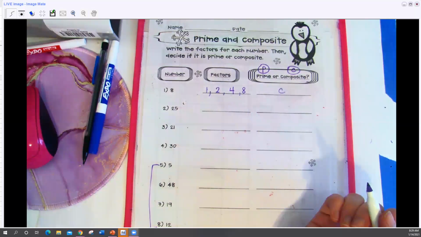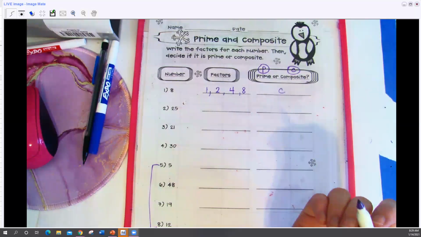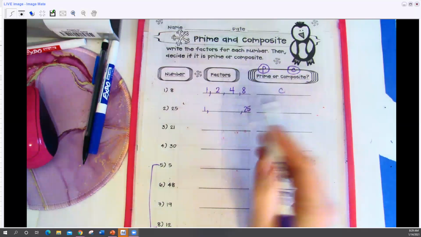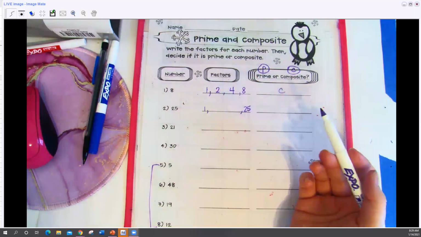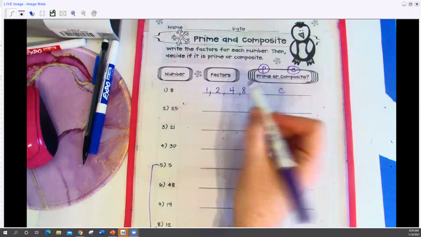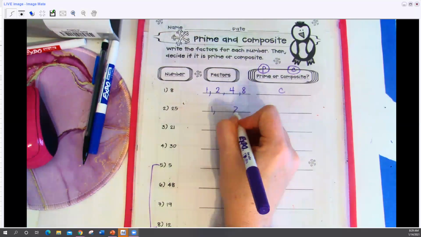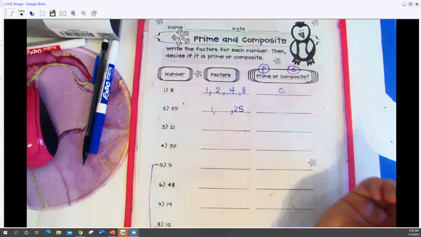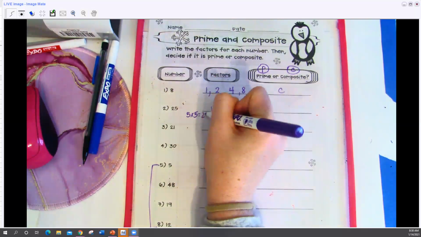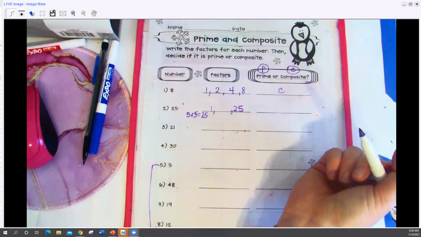So let's take a look at 25. I know I can do 1 times 25, right? I can always do 1 times the number, always. So that we're always going to have those factors. I know that 5 times 5 equals 25. So I'm just going to write 5.